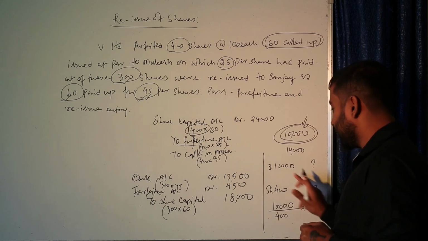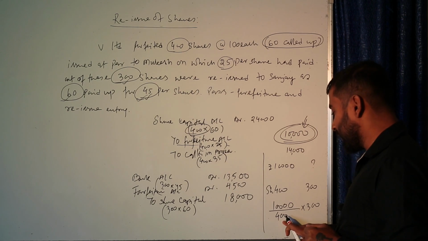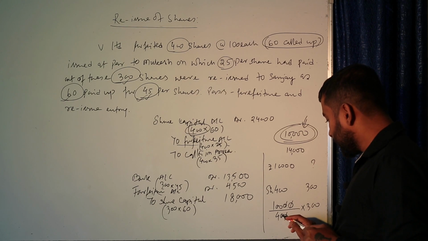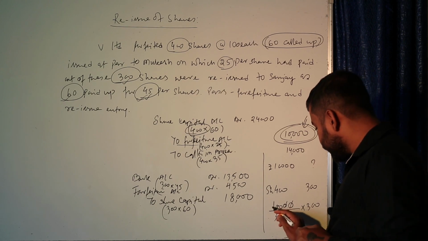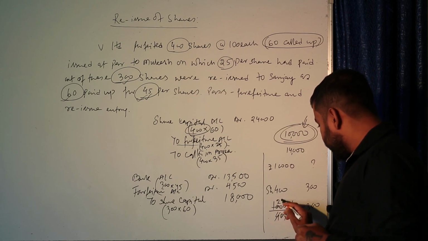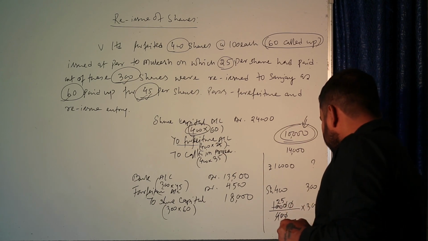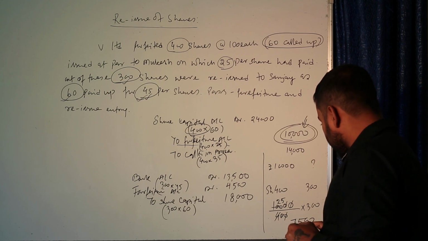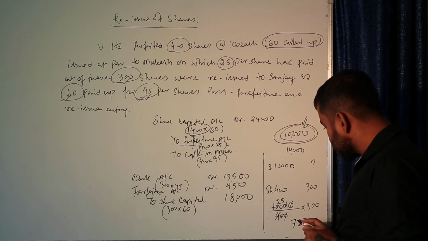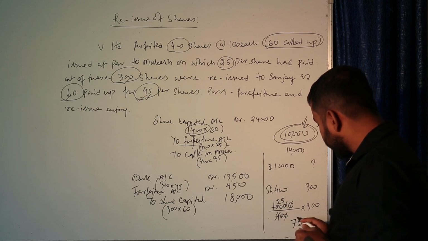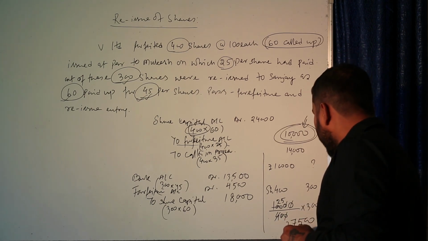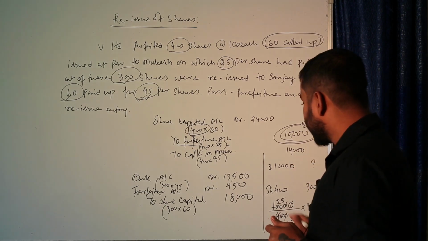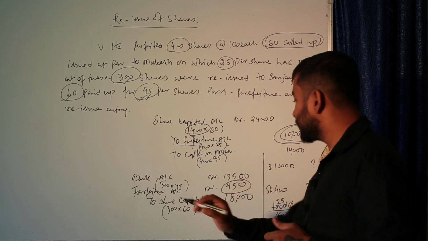How much for 300? 10,000 for 400, the zeros cut, and 4 also you can cut here. 25 into 3, 7,500 rupees. 7,500 rupees is for the 300 shares forfeiture.